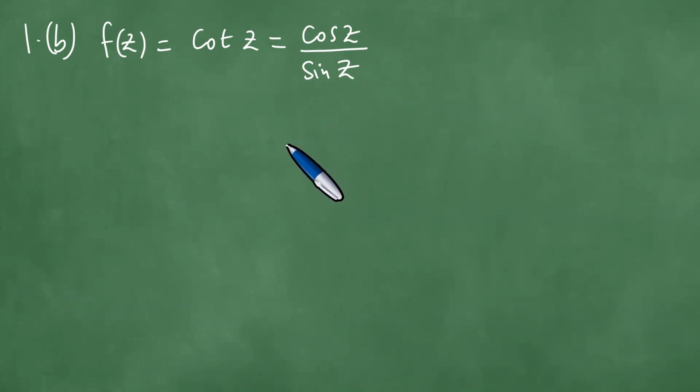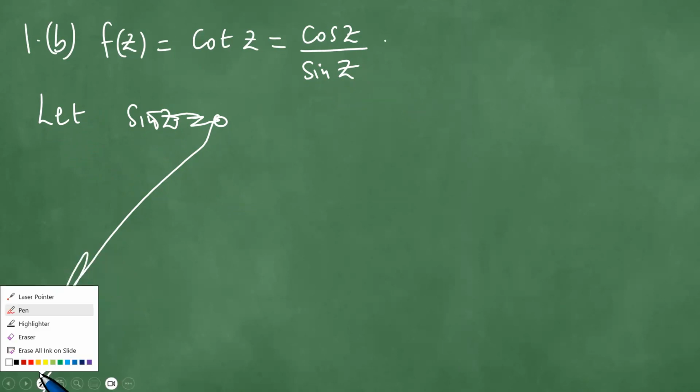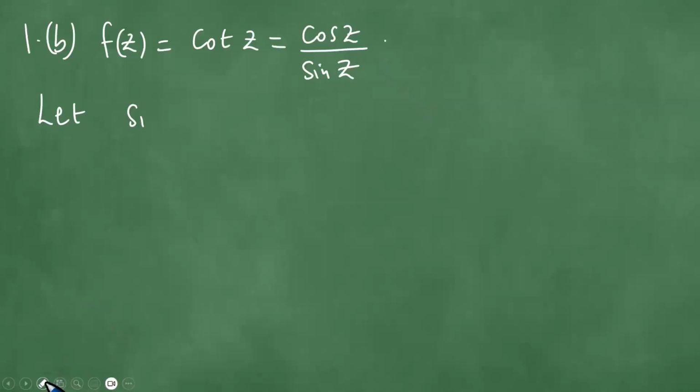And then now, for the points of discontinuity, we let the sine of z be equal to 0, like so.